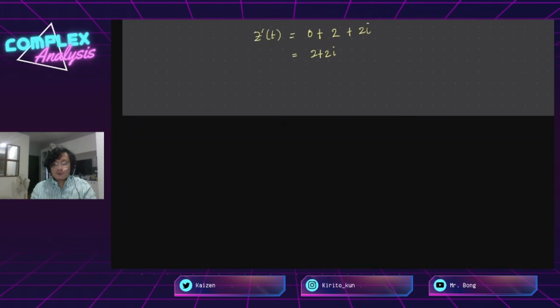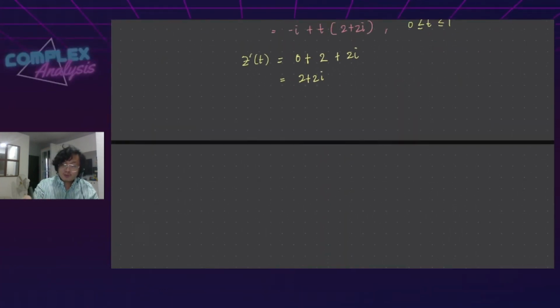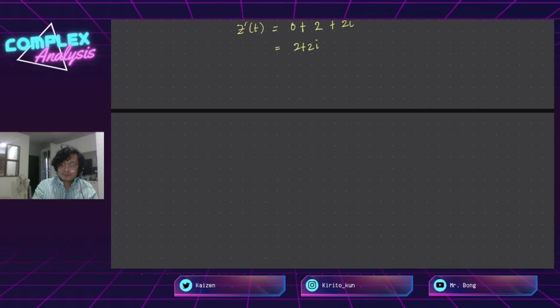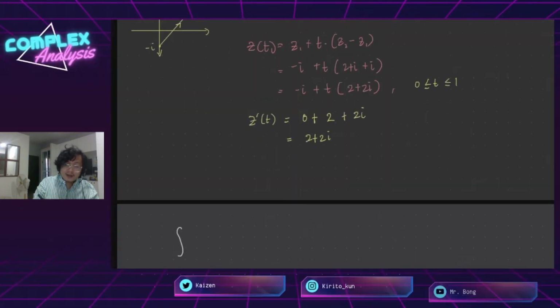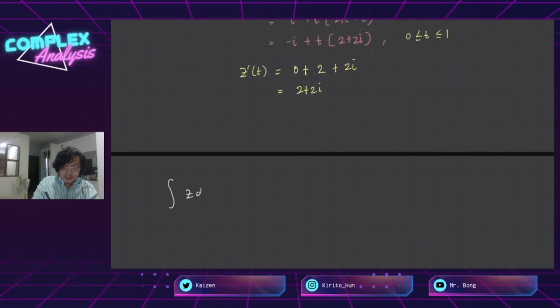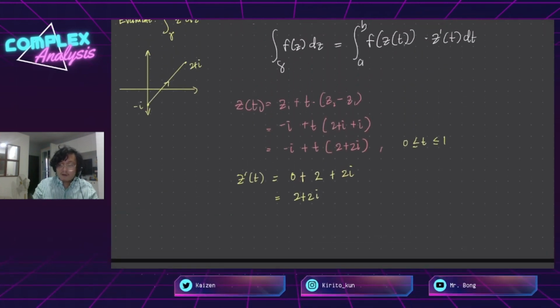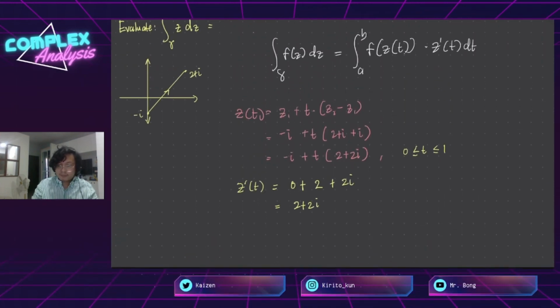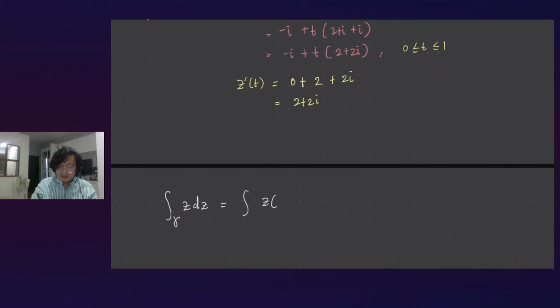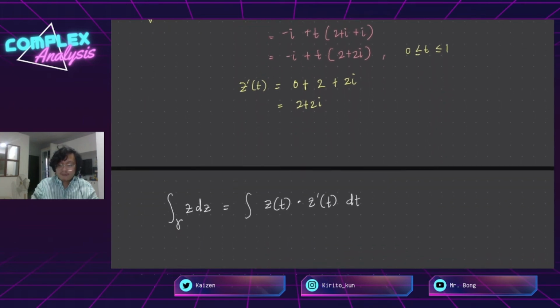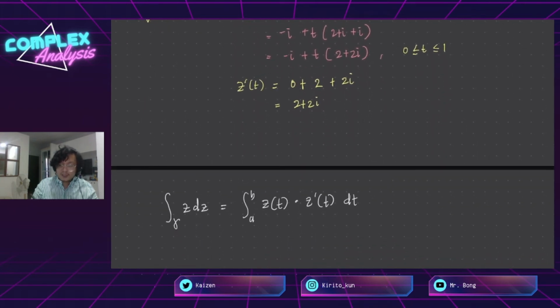So the next step is to use the definition of the complex line integral to solve the problem. We have the integral of z dz under the curve gamma is equal to the integral of z of t times z prime of t dt from a to b.